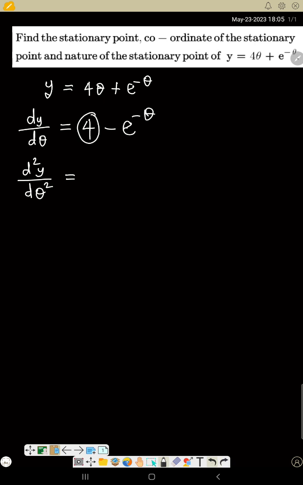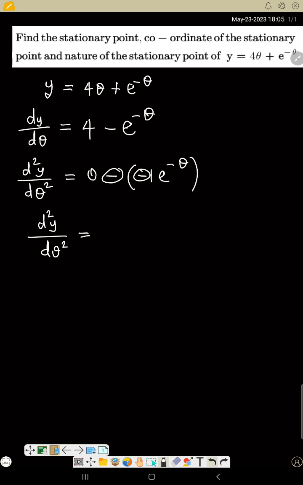If you differentiate 4, you get 0. So that will be 0 minus, now differentiate this. If you differentiate minus theta, you get minus 1. Then you rewrite everything. So d squared y over d theta squared is minus times minus plus, so it's e raised to power minus theta.